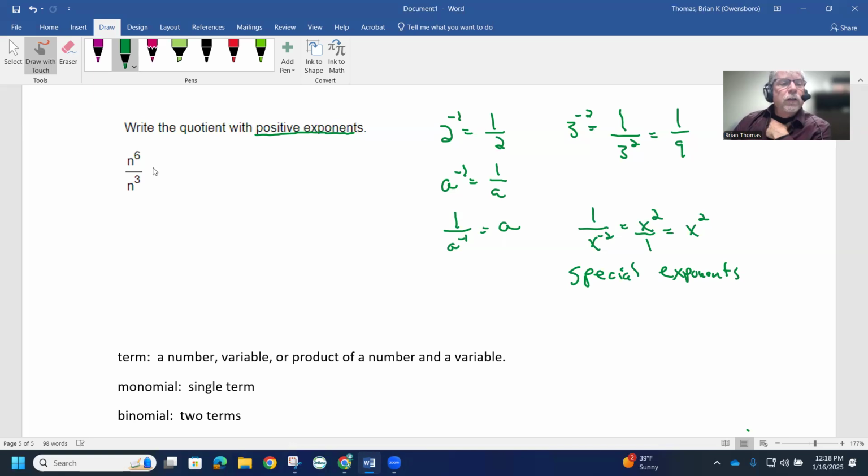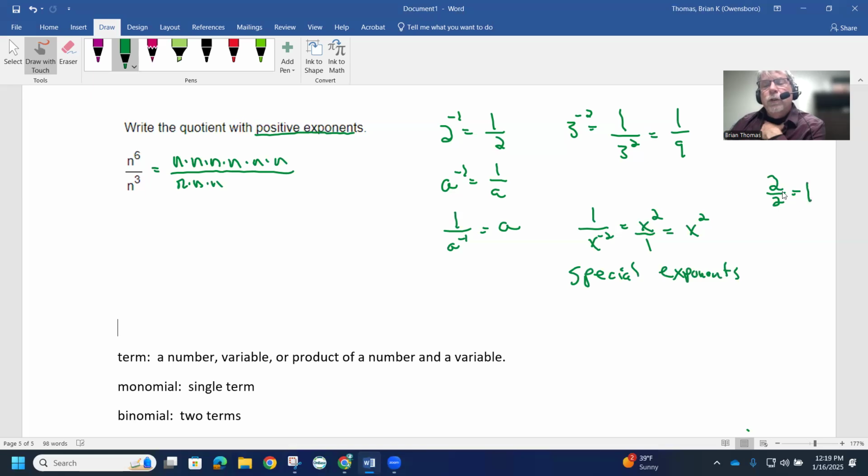Now, notice how n to the sixth means n times n times n times n times 2 more n's. N to the third means you have n times n times n. Now, remember in division, using actual numbers, 2 divided by 2, anytime you have the same number on the top and bottom, notice how 2 does go into 2 one time.